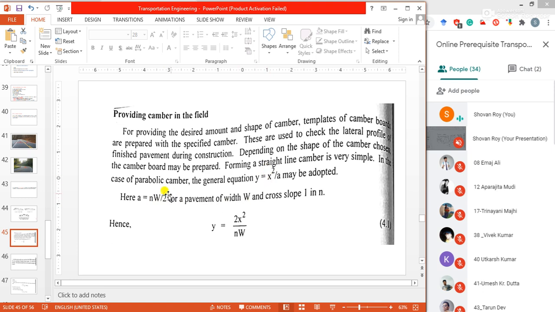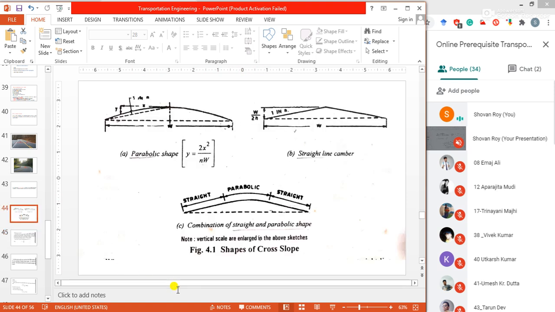Therefore, if we put this a value in the parabolic equation, y equals 2x square by nW. This is our formula for y. And what is this y value?